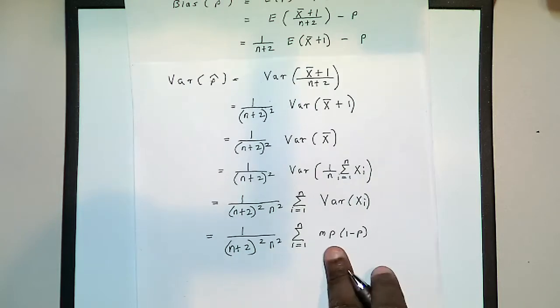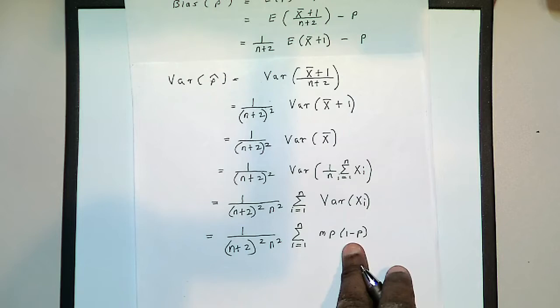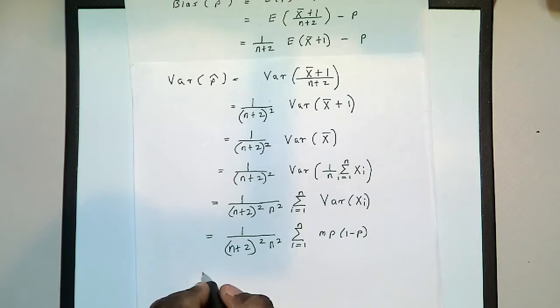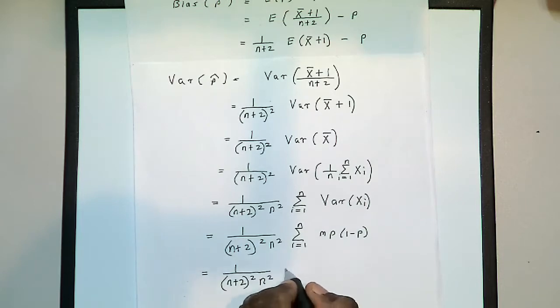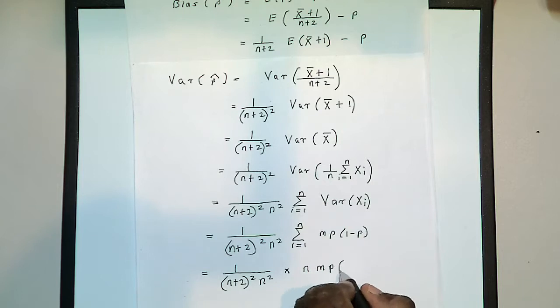Once again, this is a constant with respect to i, so the sum of a constant is n times the constant.